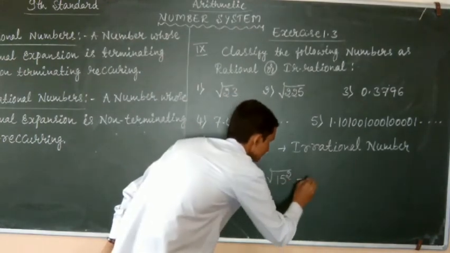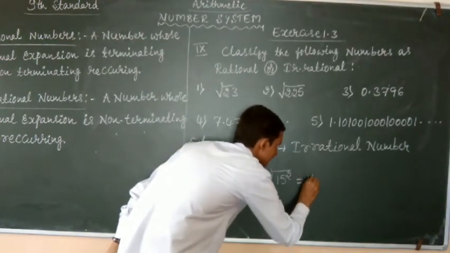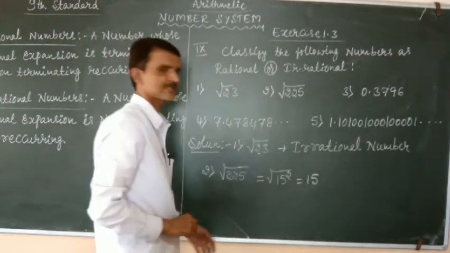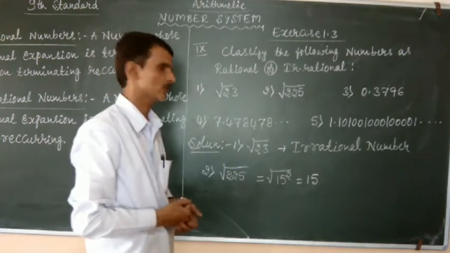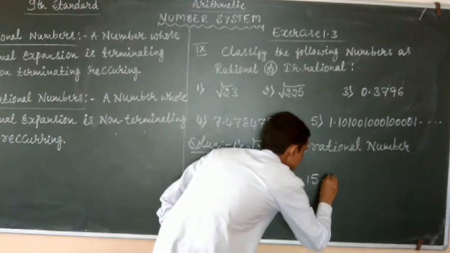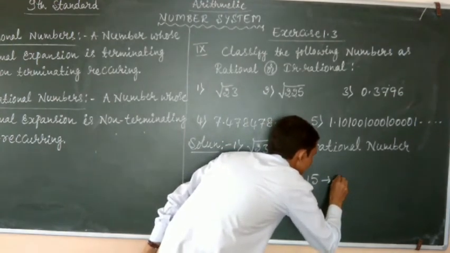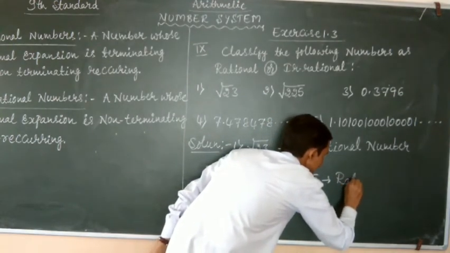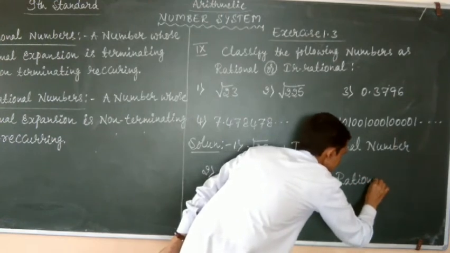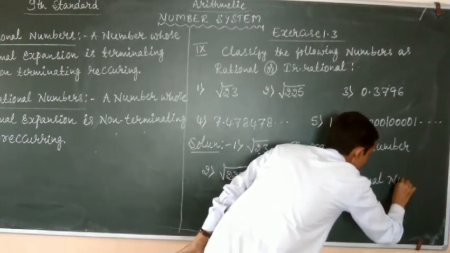So the simplified form is 15, which is of the form p by q. Therefore, it is a rational number.